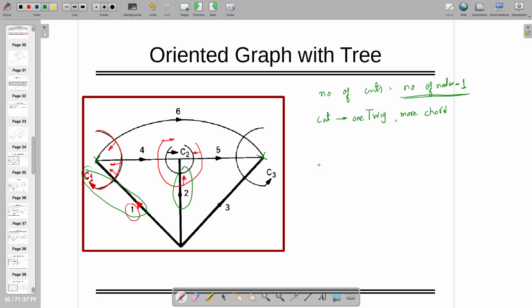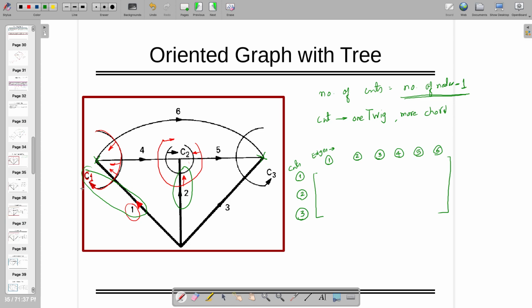So now I am going to write down the direct equation. One side you are going to have cuts and edges. So these are the edges, these are the cuts.